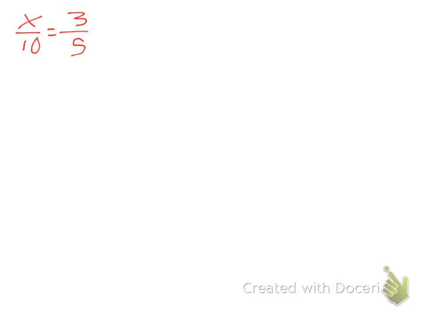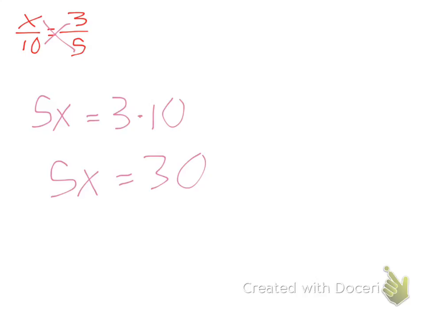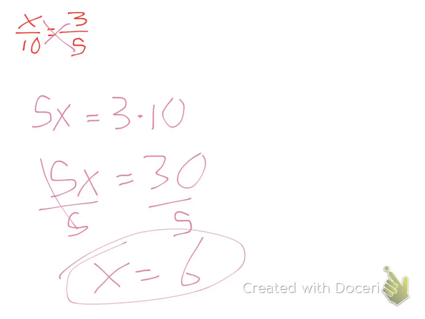So I am going to use the fact that I can cross multiply these corners, so that I can say 5x is equal to 3 times 10, or 5x equals 30. And then all you have to do is solve for x, which means divide by 5. x equals 6. And if you're unsure, put 6 back in for x, reduce both fractions, and they should be equivalent.